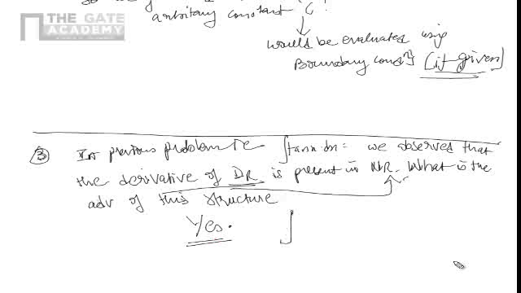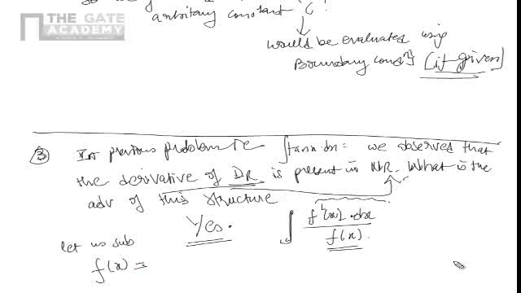Let me take the integration of f dash of x dx by f of x. I have a function f of x whose derivative is present in the numerator. Now what is the advantage of this structure? Let us substitute f of x as t.